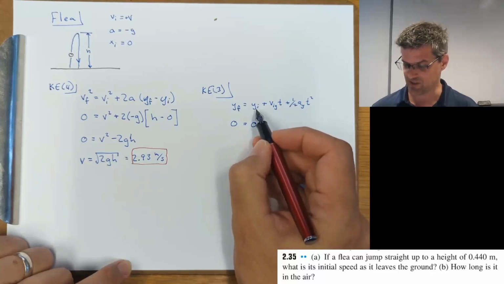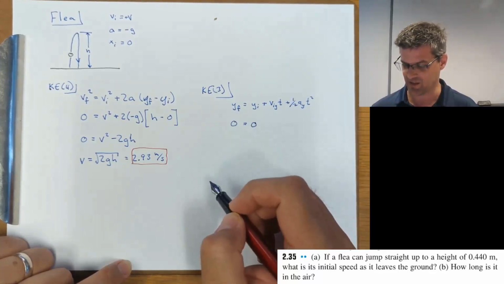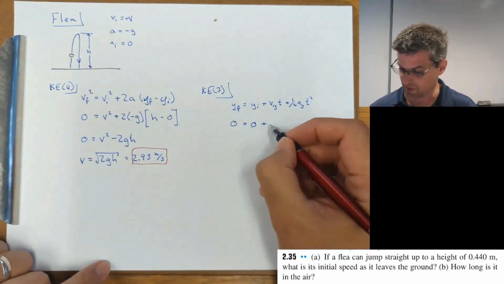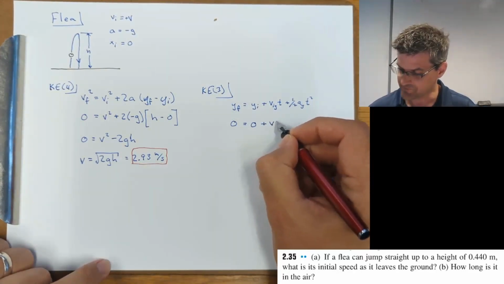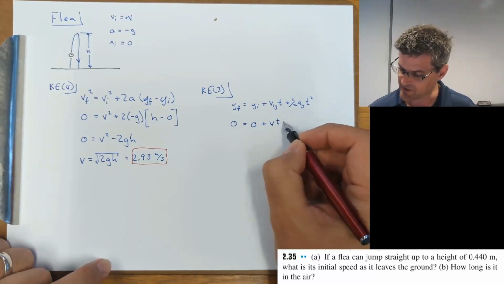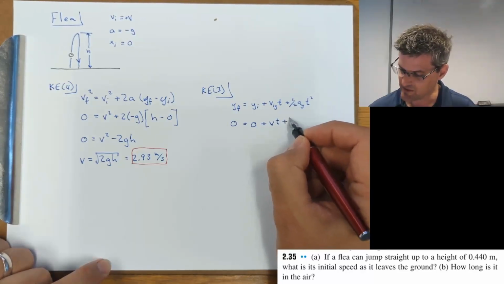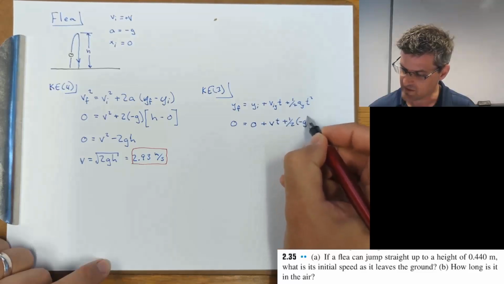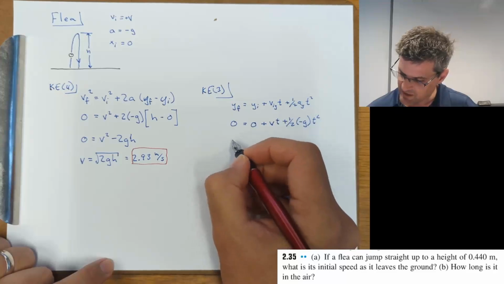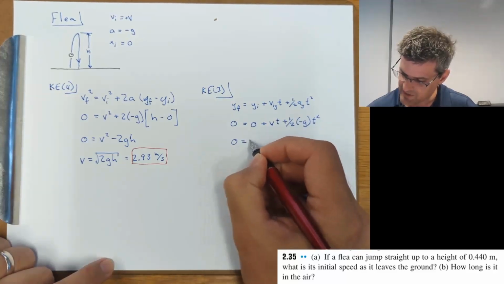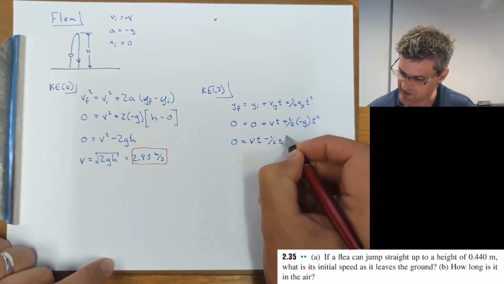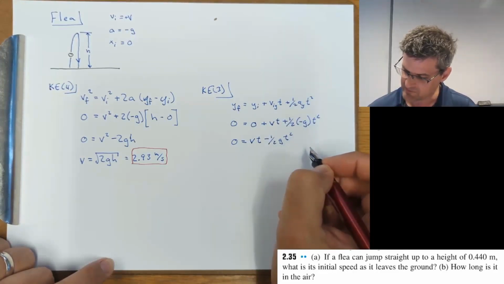So it starts at y equals 0, it ends at y equals 0. Its initial velocity is already something we found, but I'm just going to call it v. Vt. My acceleration is minus g. So putting this all together, I see that 0 is equal to Vt minus 1/2 g t squared.